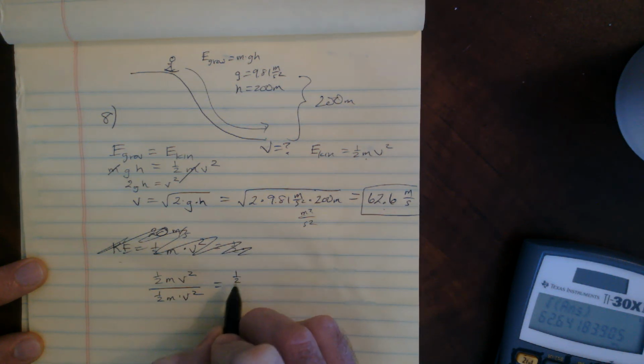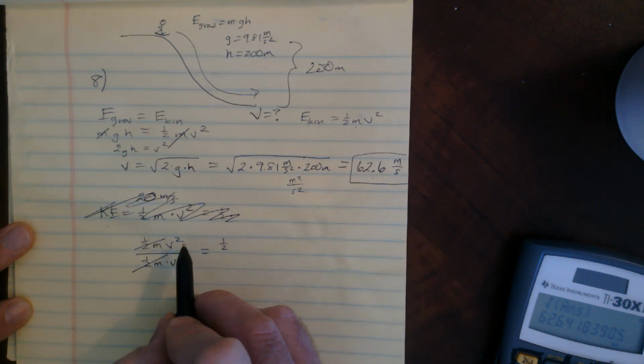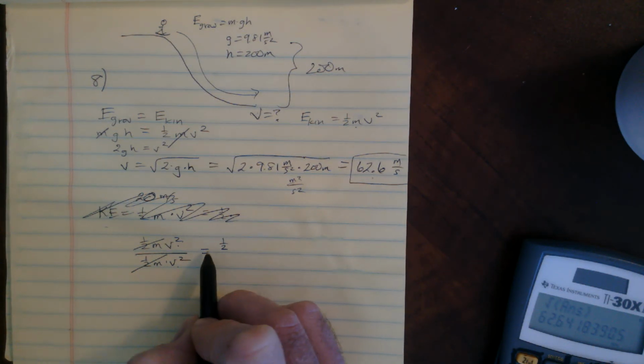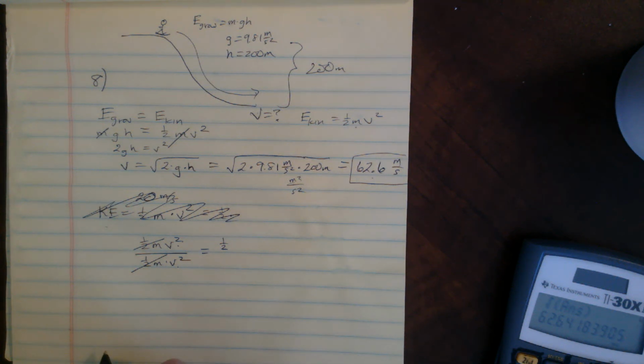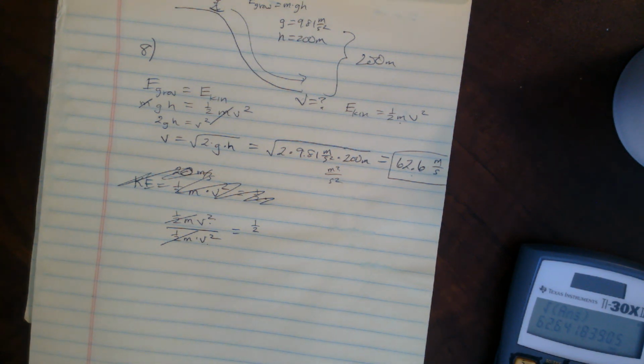Well, these are basically going to go away, right? It's the ratio of his 20 meters per second squared to his 62.6 meters per second squared. Whatever percentage that is, that's the energy that you kept, and the rest of it would be dissipated. I like to keep these videos short, so I'm just going to stop there.